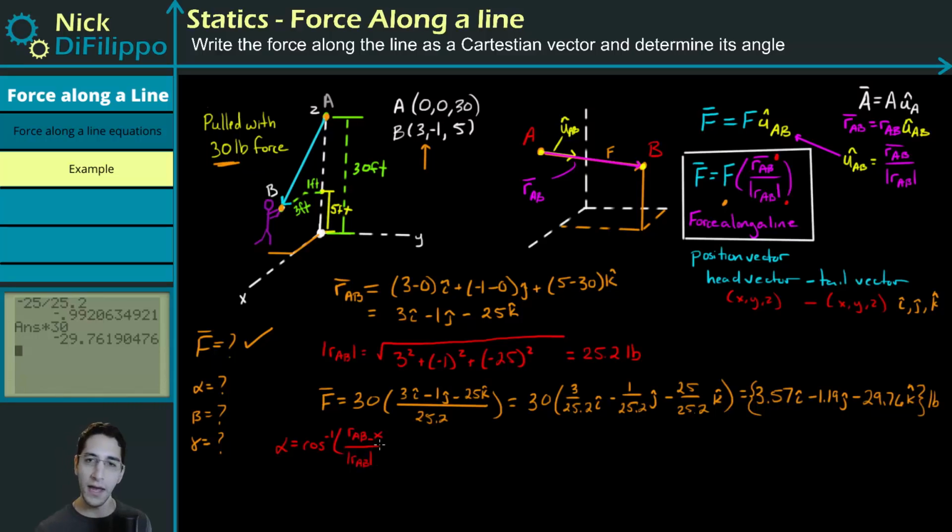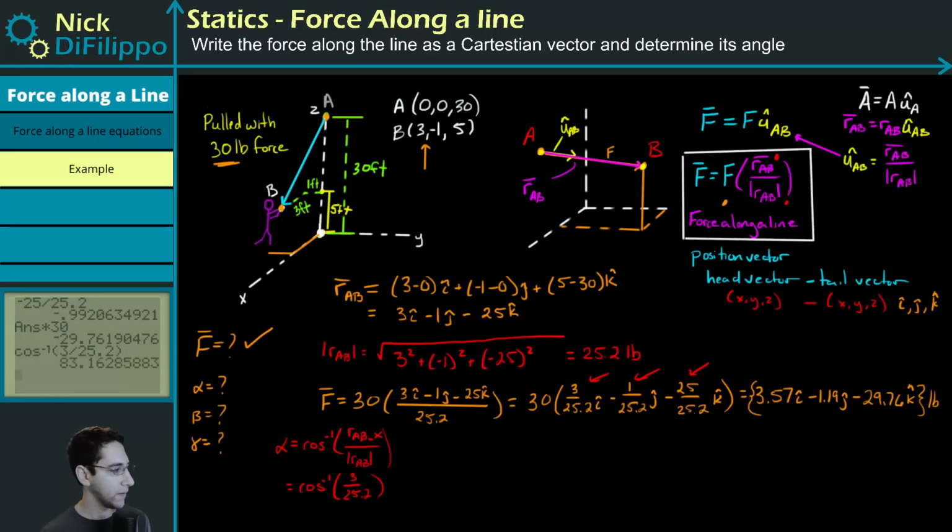It's the same thing as the x component of the force, because they both act in the same direction. So our position vector is easier. It's right here. So alpha is going to be the inverse cosine of this 3 over 25.2.